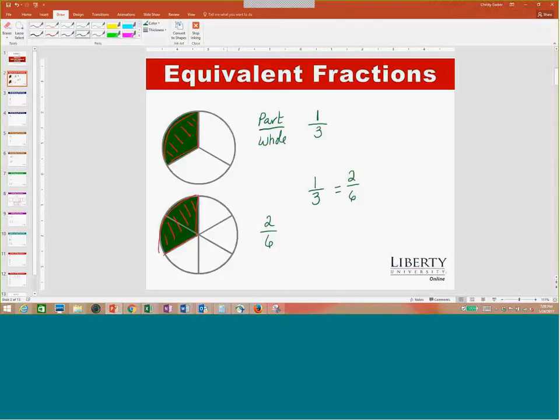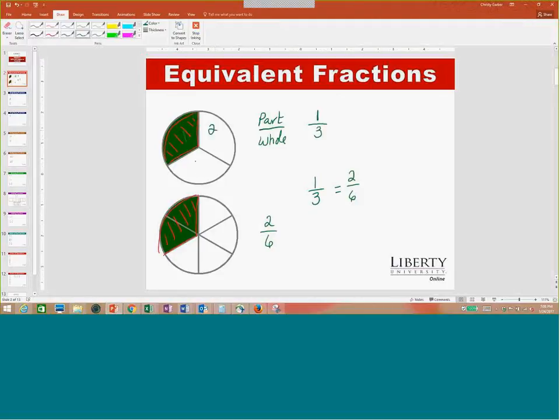It's the same amount, just expressed in 2 different ways. When we talk about equivalent fractions, this is exactly what we mean. We're talking about the same amount of the circle shaded, only expressing it in a couple different ways.